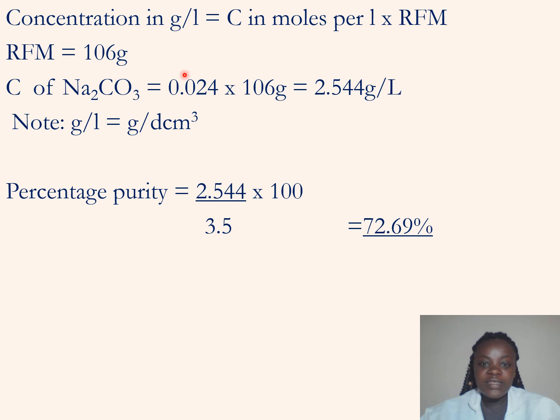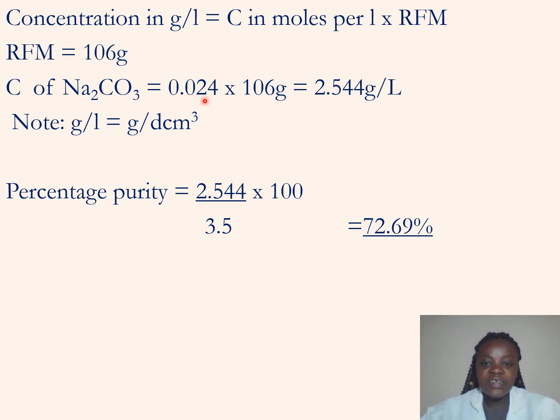Now, to get this in grams per liter, we have to multiply by the relative formula mass. So the concentration in moles per liter multiplied by the relative formula mass will give us the concentration in grams per liter. So the relative formula mass of sodium carbonate is 106 grams. So concentration in grams per liter will be 0.024 moles per liter multiplied by 106 grams.